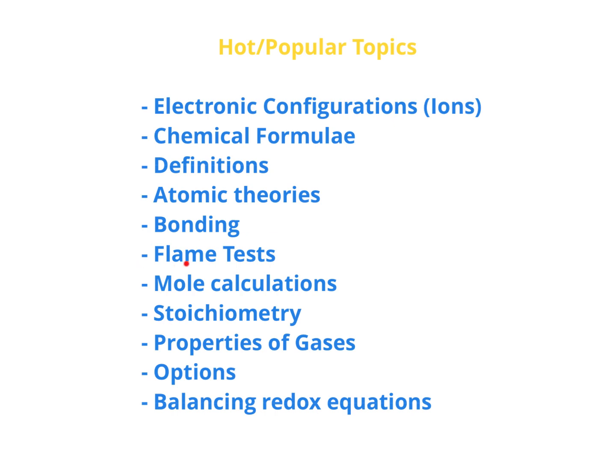When it comes to flame tests, you could be asked how they were conducted, and mainly you will be asked the colours that the flames show or emit when placed under a Bunsen burner. Calculations are popular in question 4, but what you do need to remember is at most your calculation will only be worth 7 marks. So it can't be a very, very long calculation.